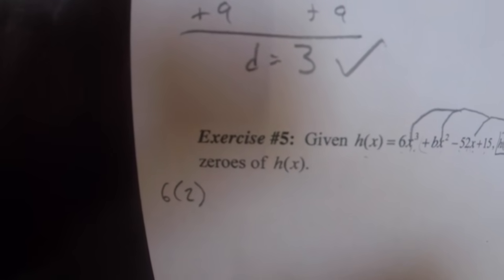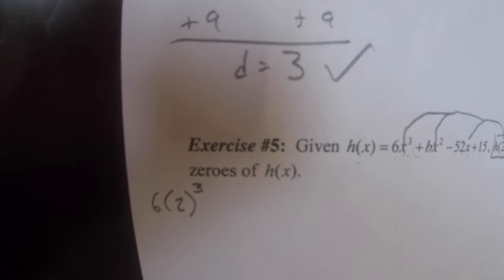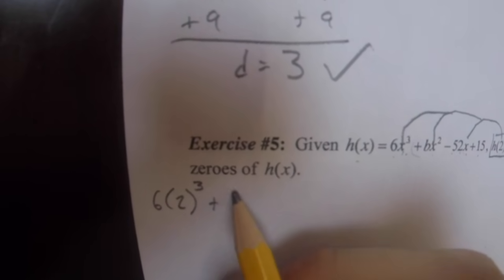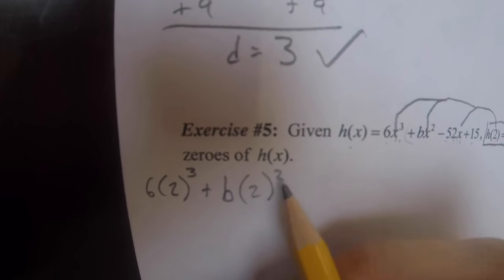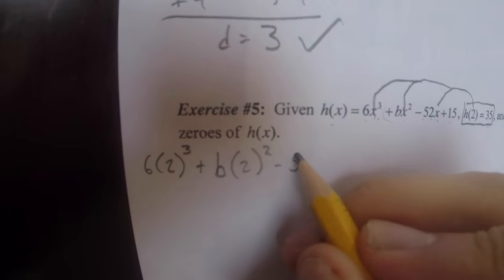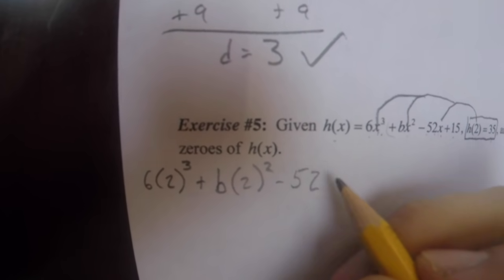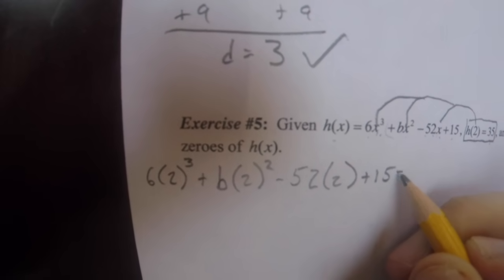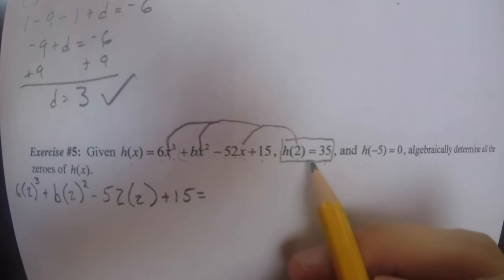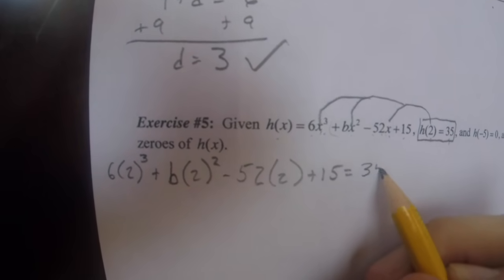So 6 times 2 to the third power plus b times 2 to the second power minus 52 times 2 plus 15. And this told me over here when I plug in 2 I get 35, so I'm going to set that equal to 35.